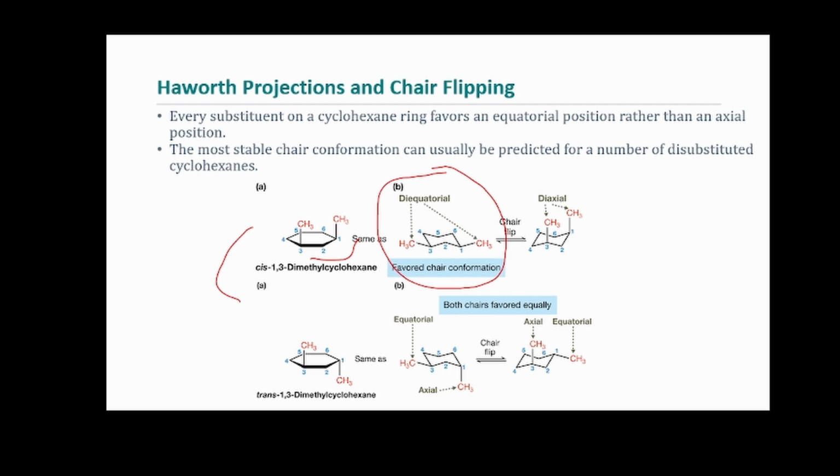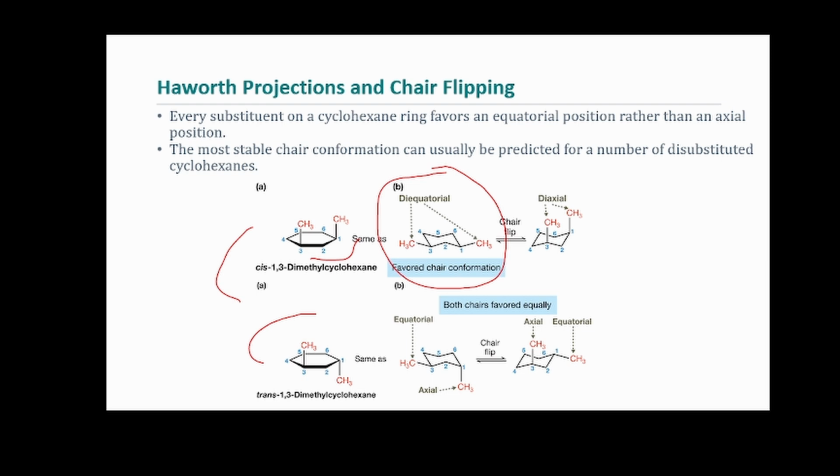This right here is the trans. See, they're on different sides? So with this 1,3 position, if we have one of these in the equatorial position, what does the other one end up being in? Axial, yeah. And that's because of those alternating positions we saw with equatorial and axial.